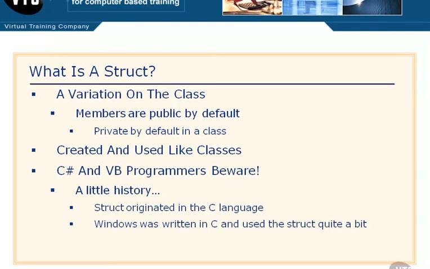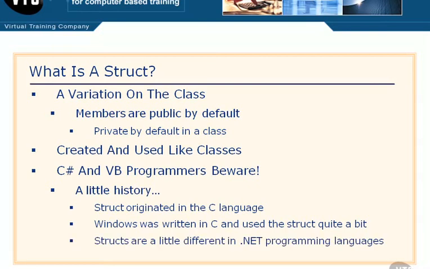As a result, the idea of the struct kind of got burned into the programmer world, if you will, and so you hear a lot of old timers talking about it. Windows kind of established it. They get handled differently in the .NET programming languages. They got thrown into C++ more or less as a backward compatibility thing to C.